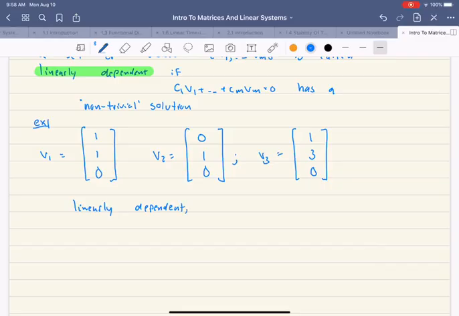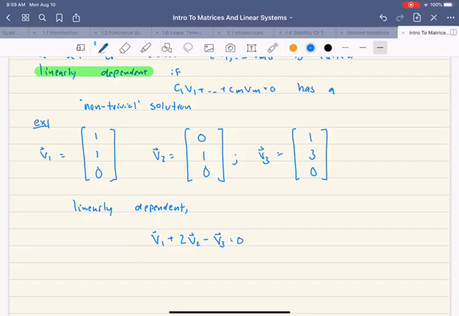Linearly dependent because I could take v1, I should have put arrows on here, v1 plus 2 v2 minus v3 equals 0.